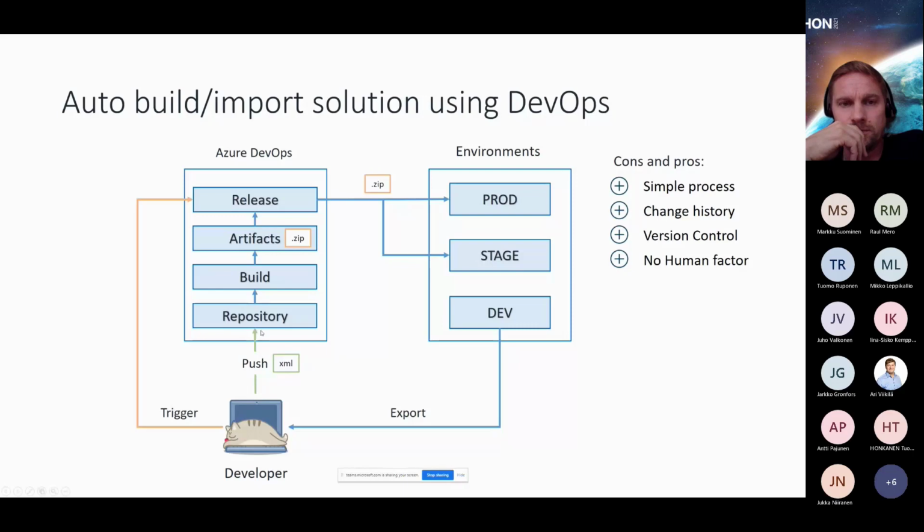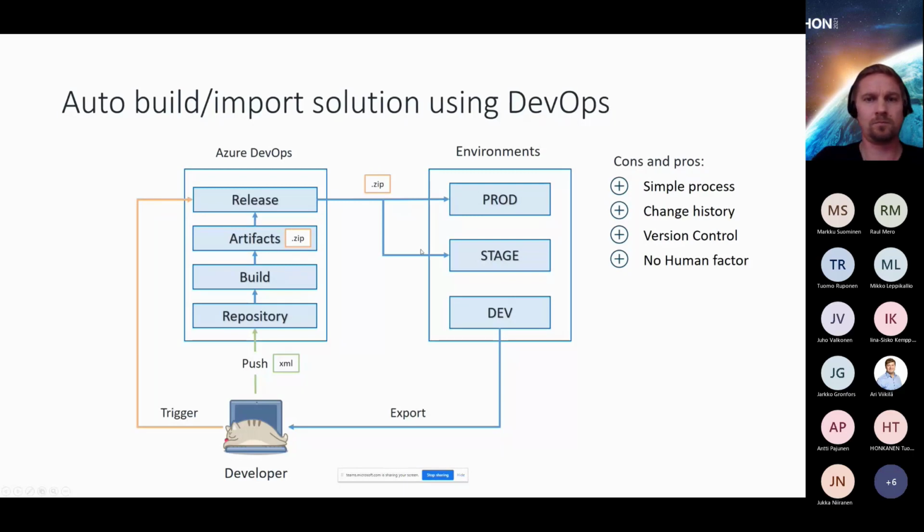When you push the unpacked solution to the repository, you can easily see the changes that were made in the dev environment, and then Azure DevOps automatically triggers the build that takes the whole unpacked solution from the repository, packs this solution, and saves it to artifacts. After that, when the artifact appears, it automatically triggers the creation of the release. And then we can push it to stage or production.